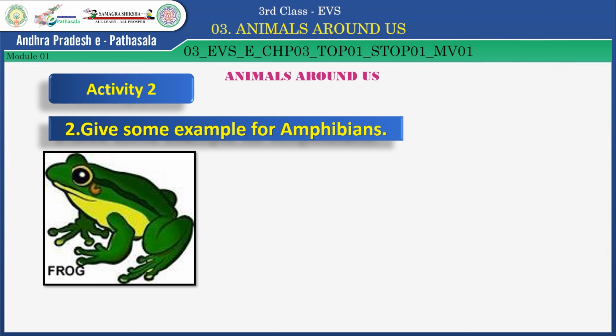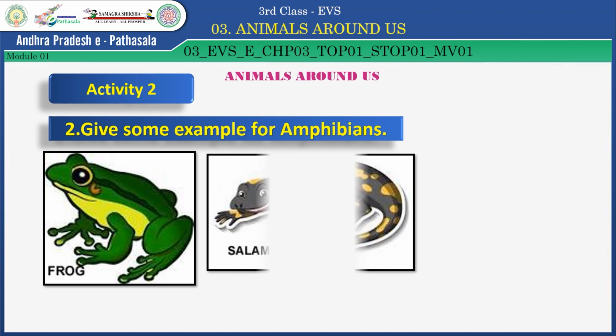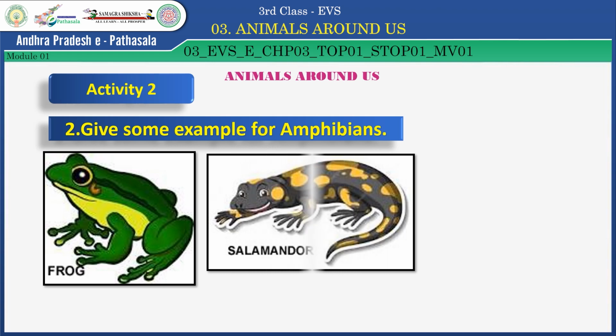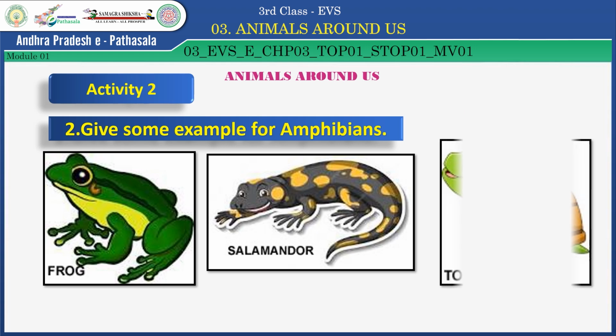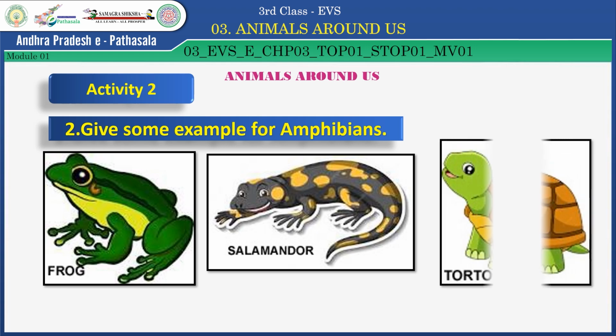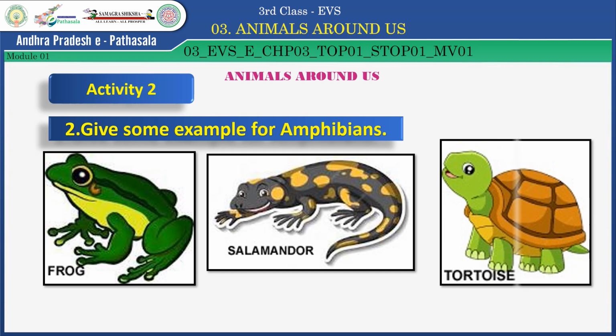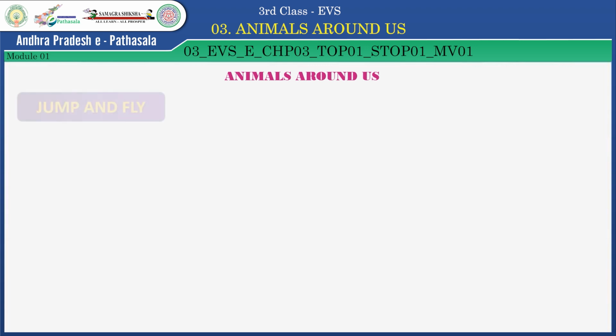Along with the frog, salamander and tortoise live both on land and water. So they are called amphibians.